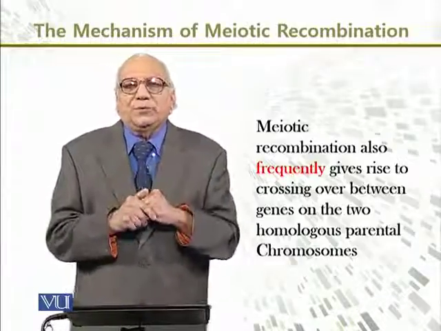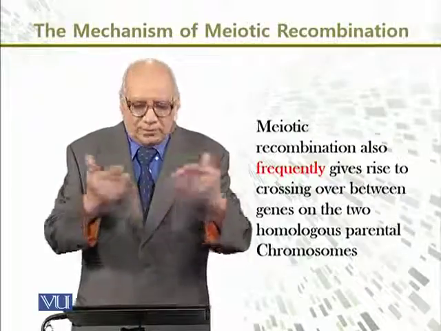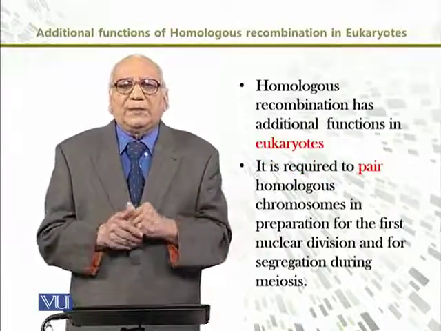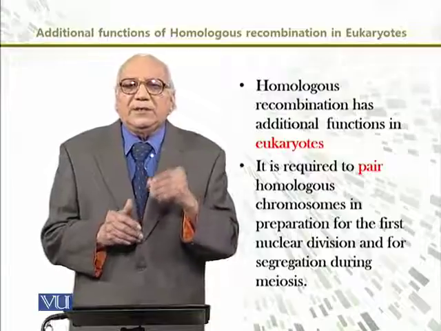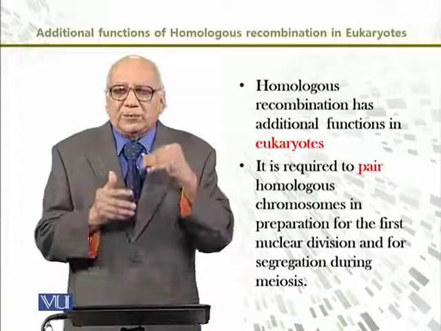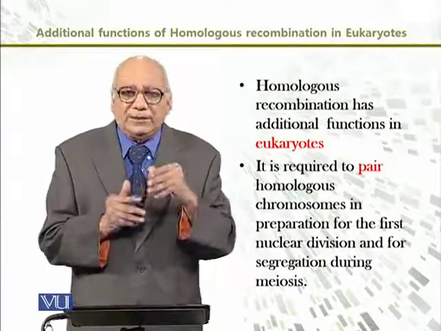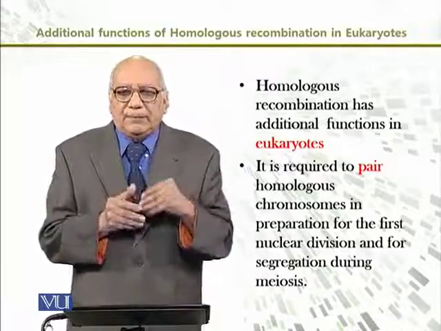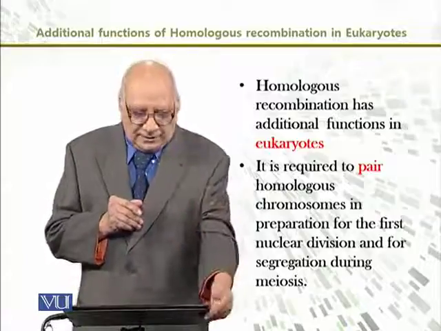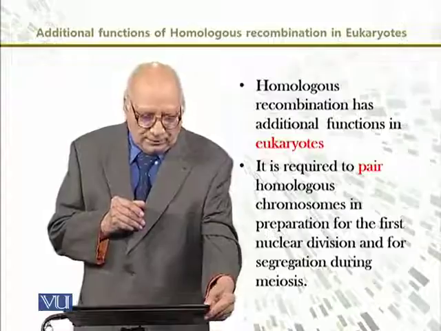And homologous recombination has an additional function in eukaryotes. It is required to pair homologous chromosomes, as I have already explained, in preparation for the first nuclear division of the segregation of meiosis.